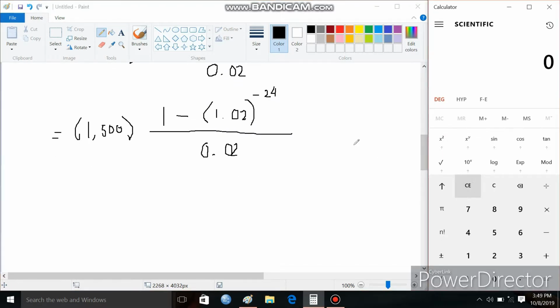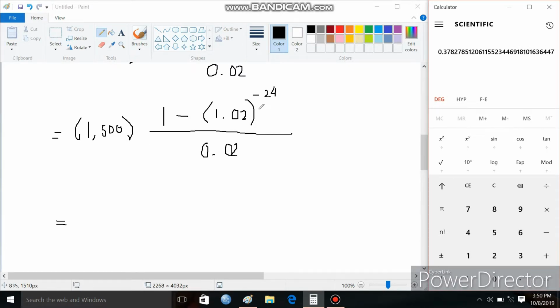Then we can now plug in all of these numbers with operations to get the present value. To start, we have 1 minus the quantity 1.02, then press raise to the power of, open parenthesis, type negative 24, close parenthesis, then press equals.